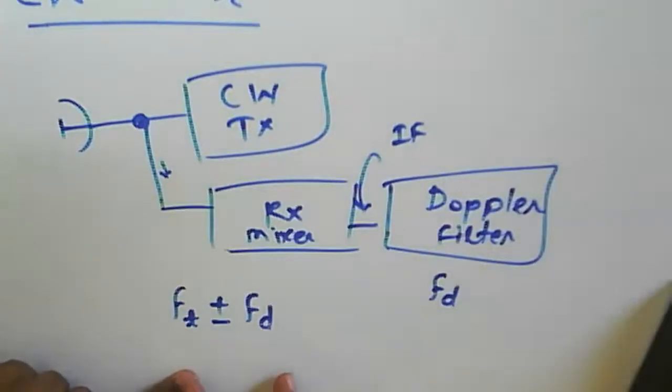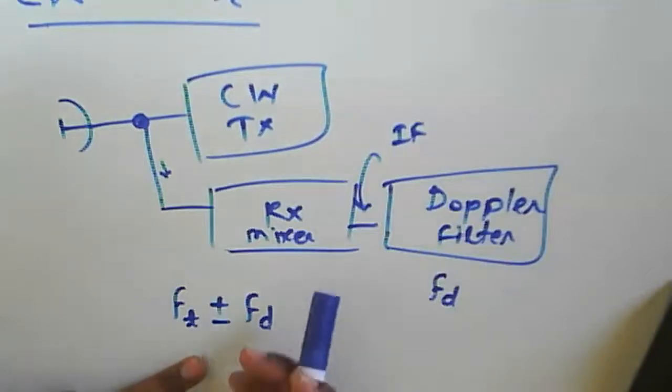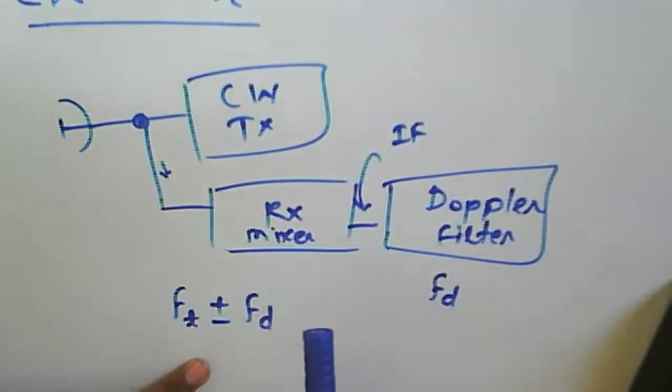That plus or minus indicates whether the target is approaching toward the radar or receding from it, closer to the radar or away from the radar.